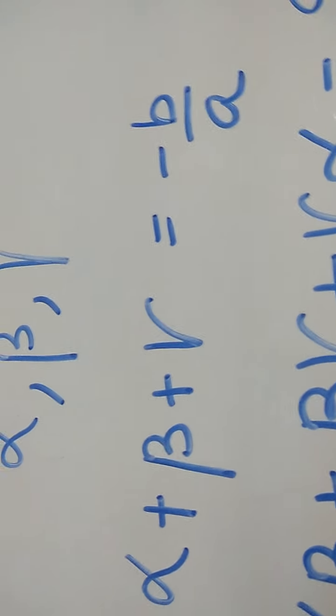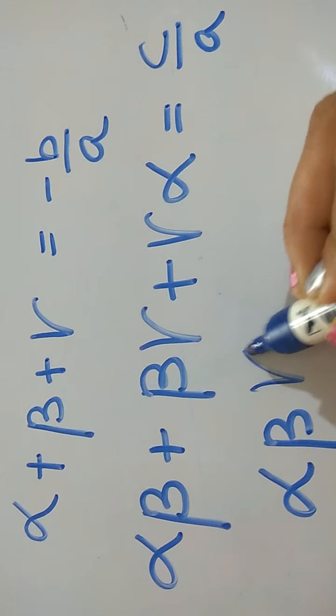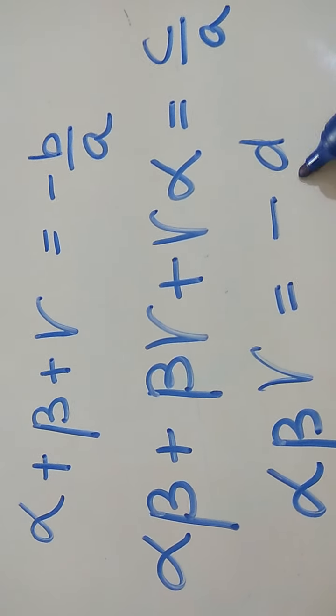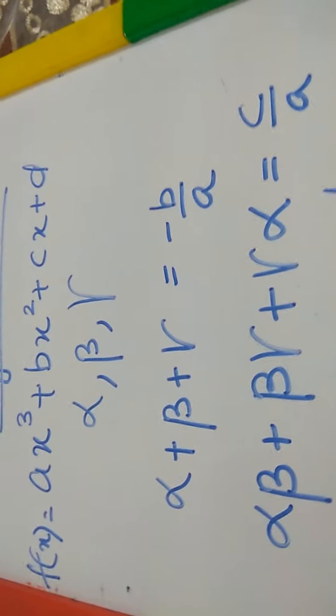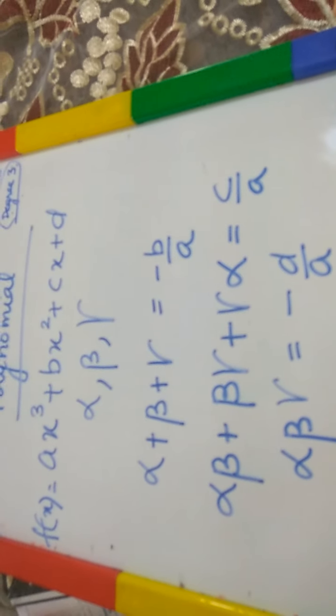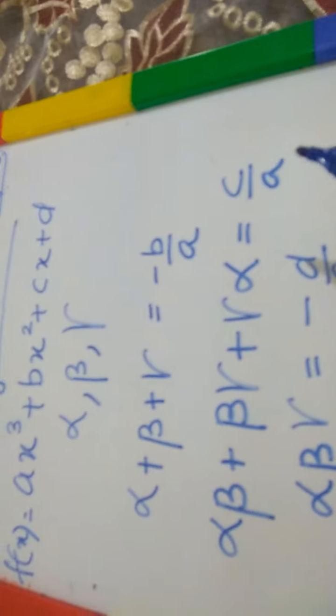And the product of the 3 roots alpha, beta and gamma is equal to minus d by a. So this is for the general cubic polynomial.